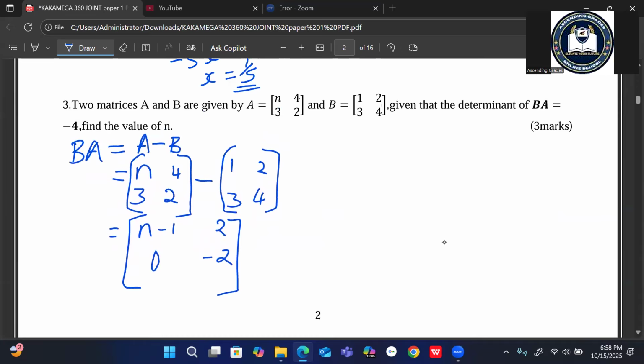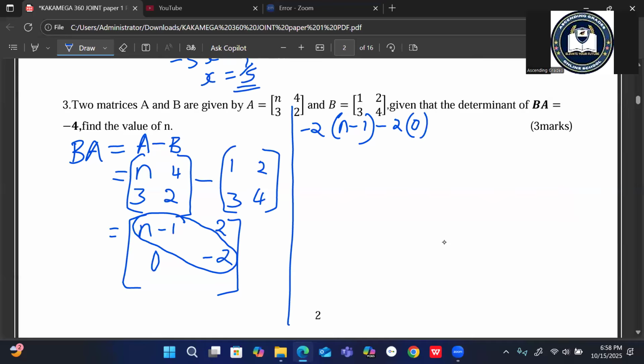We're told that this is our BA, its determinant is negative 4. So we have to find the determinant of this one and equate it to negative 4. Determinant is calculated as the product of the leading diagonal minus the other one. So it will be negative 2 into n minus 1 minus 2 into 0 should give you negative 4.